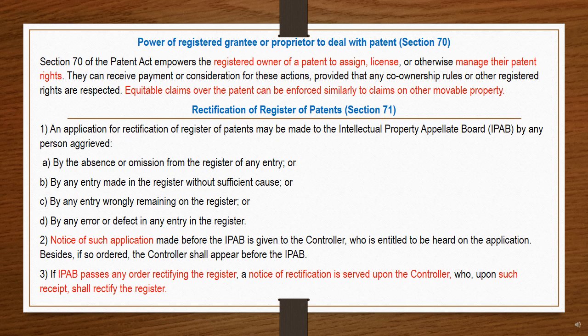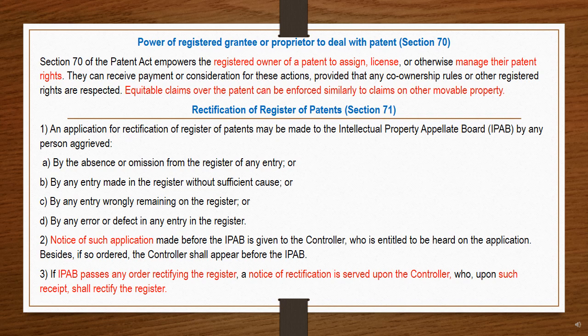The patent owner may receive payments or other considerations for these transactions. However, they must respect co-ownership rules and any other registered rights. Furthermore, equitable claims on the patent can be enforced in the same way as claims on other movable property.